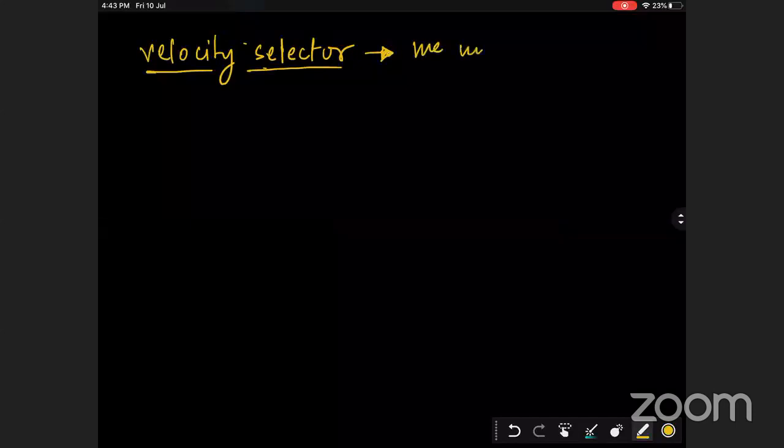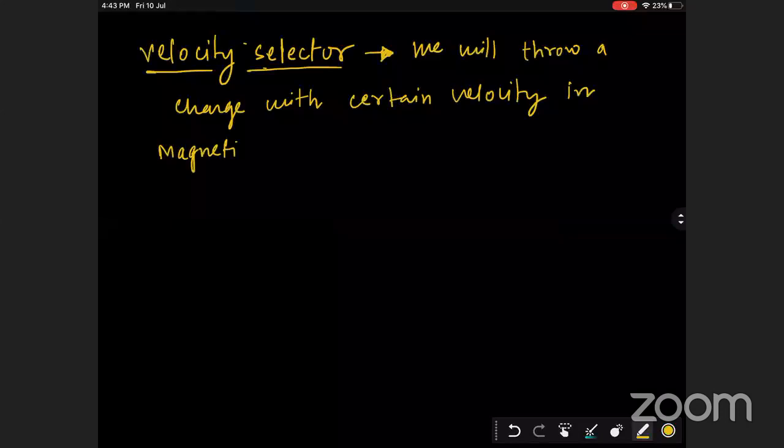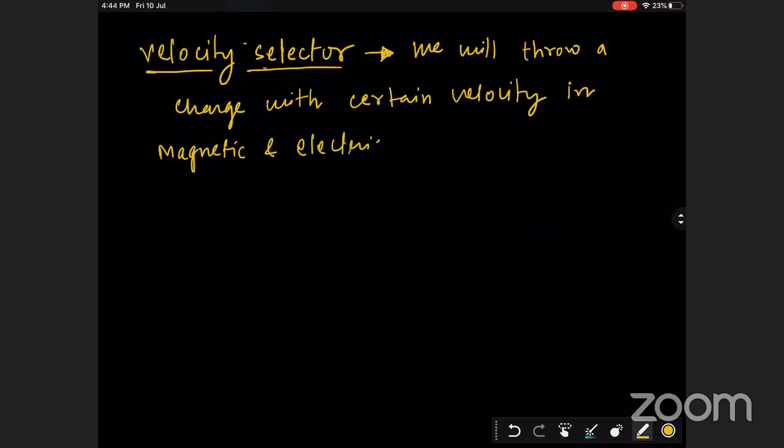We will throw a charge with certain velocity in a magnetic and electric field at zone.